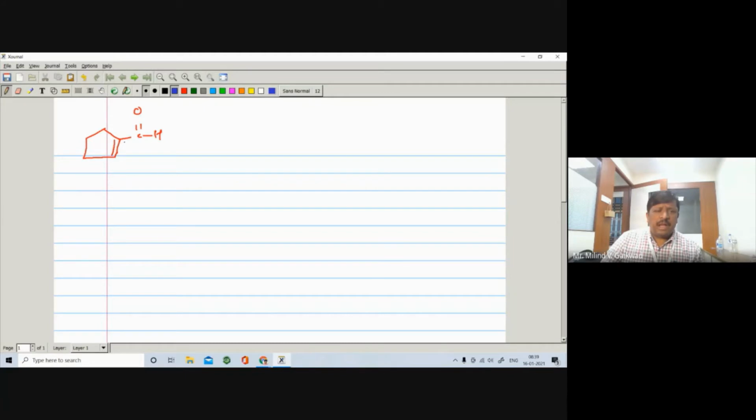So this is your alpha beta unsaturated aldehyde, and this is your TM, the target molecule that you have to prepare.